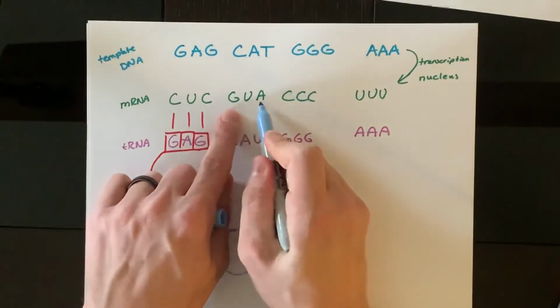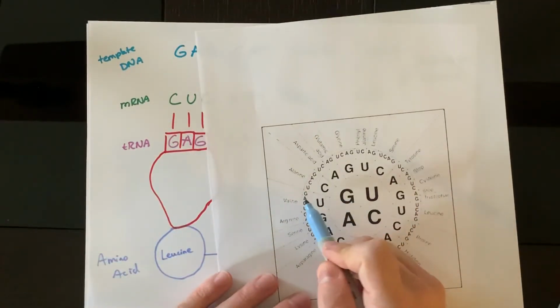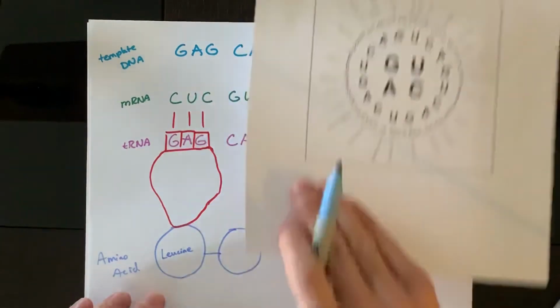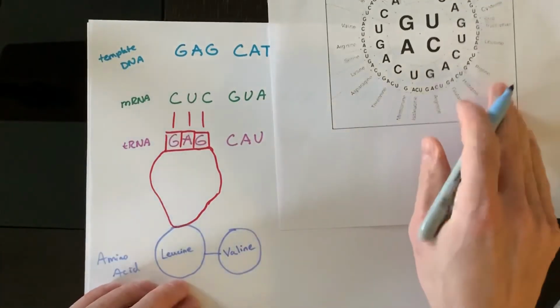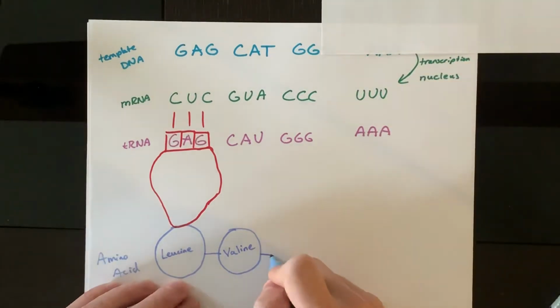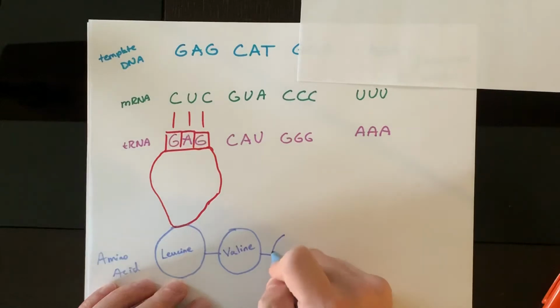Second one, GUA. Again, go to your chart, GUA. It's valine. Sorry guys, the noise in the background, the cats are playing. Next one, CCC, that's proline.